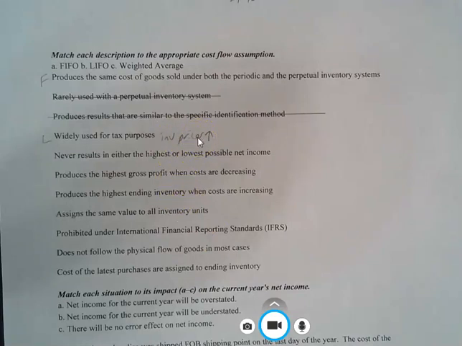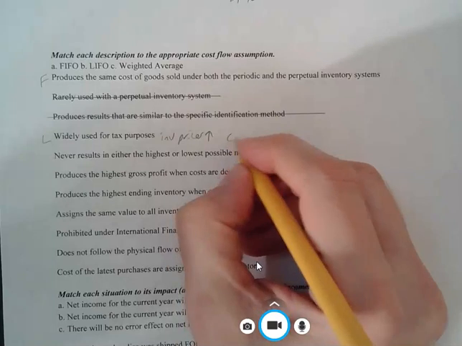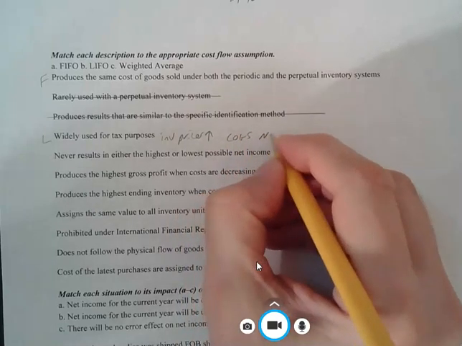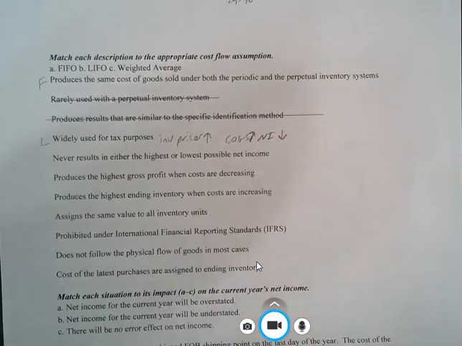If inventory prices do tend to go up and we use LIFO for tax purposes, what happens to our net income? If cost of goods sold is going up, net income is going to go down because our gross profit's going to be less, and then it's going to trickle all the way down to net income. And so we're going to be paying our income tax based on net income.